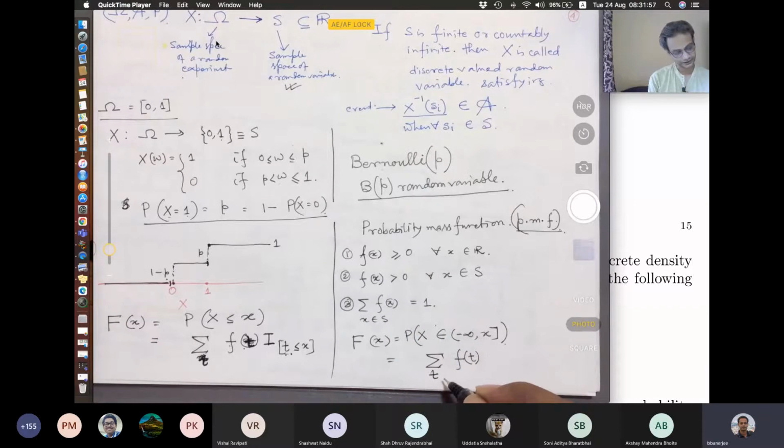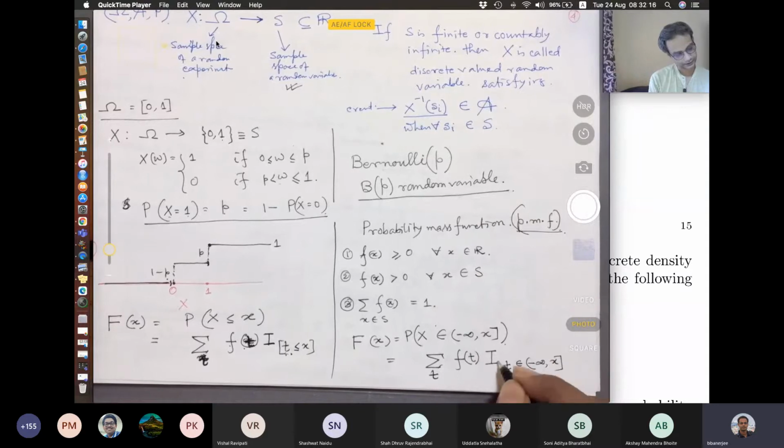Now you can say that in this way: sum over t of f(t) times the indicator function of t belonging to minus infinity to x. So two things must be positive, then only you will get a contribution.